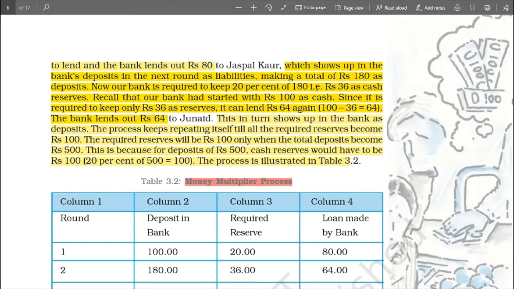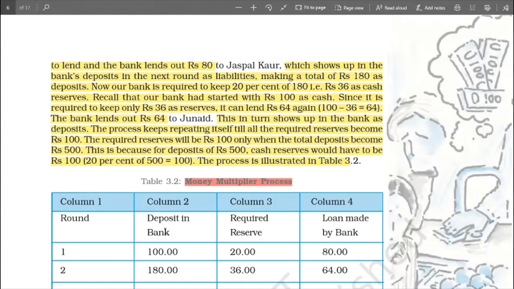So a loan becomes a deposit. If you look at the table, you will see that in the first round, Miss X saved 100, the bank keeps 20 as reserve, and 80 is then lent. This 80 is a loan, but becomes a new deposit, a second deposit from the primary 100. Now the bank opens for Mr. Y 80 as a deposit.